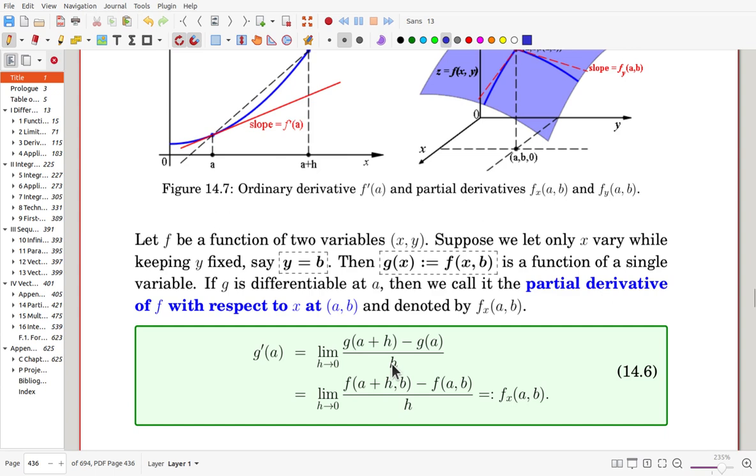That is basically the slope at a of the function g. But g of x is the same as this one, so we can write it in this way. Now, if we look at this term, that is the rate of change along only the x direction, and y is fixed to be b. Once the limit exists, then we say that is the partial derivative of f with respect to x at (a, b).